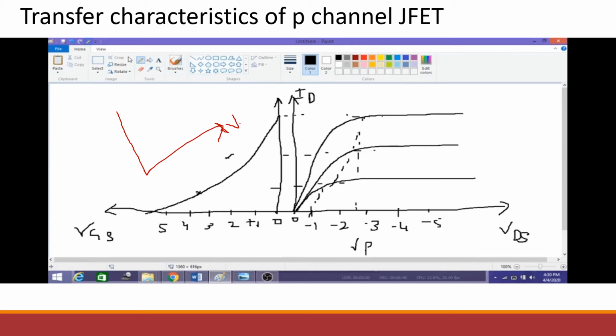From the drain characteristics, VDS and ID, the graph is like this.